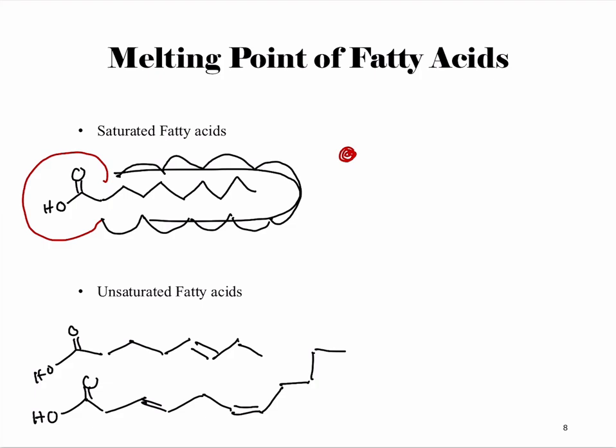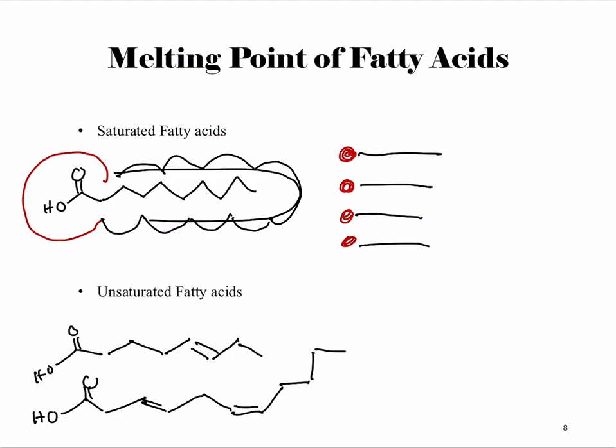These would all probably be able to align in a nice, neat, packed orientation like that. They're all straight molecules, all pointing in the same direction. They'll be okay orienting themselves this way and being able to line up.